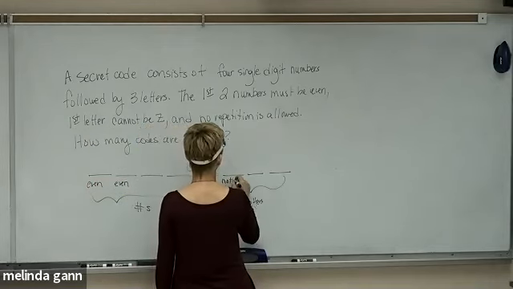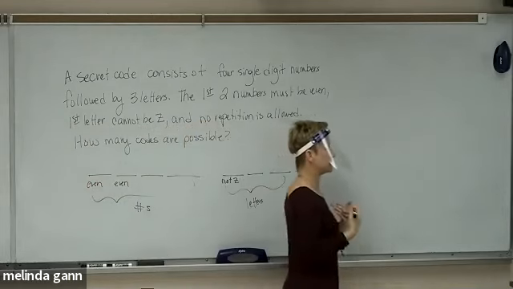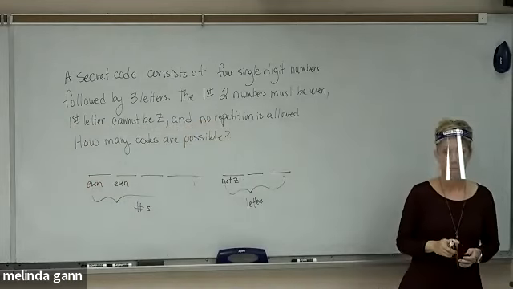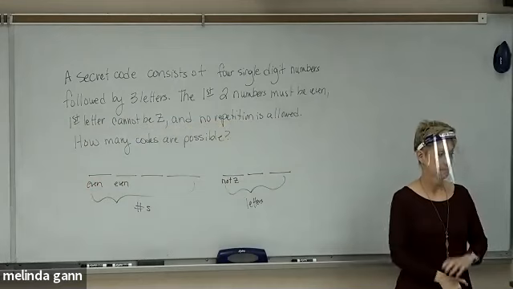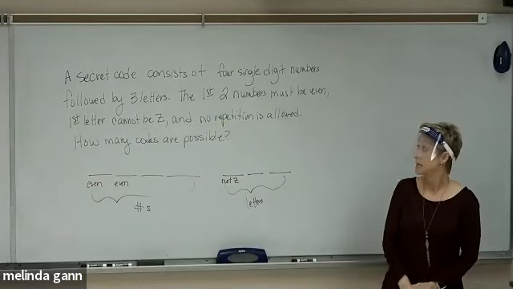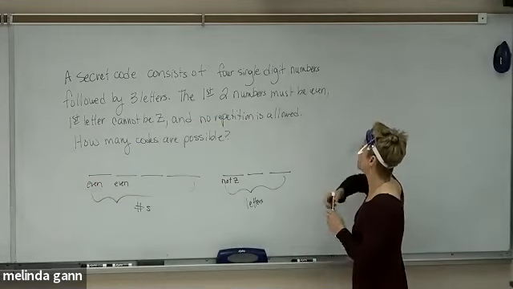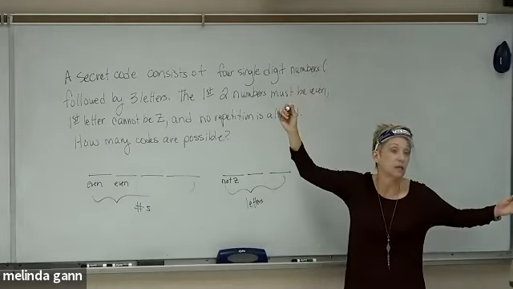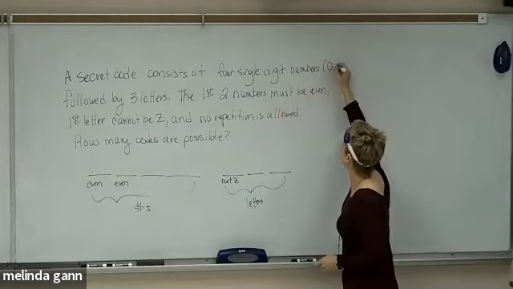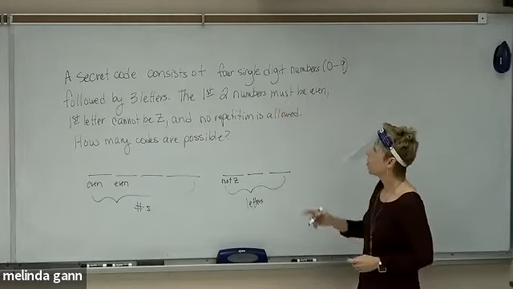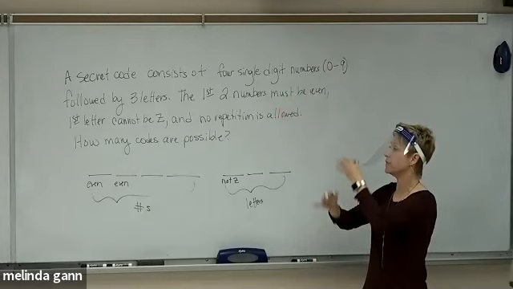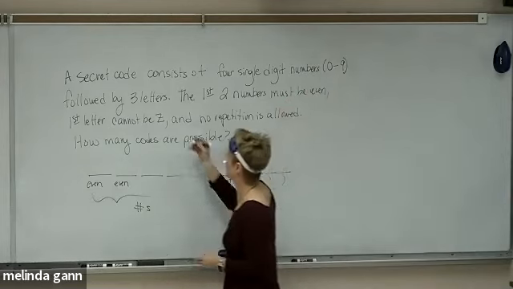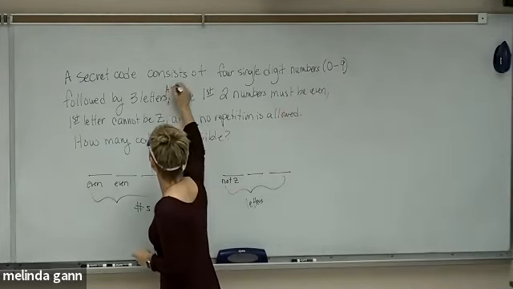It can't be Z. I mean, you don't have to do that, that's just me. And I can't repeat anything. Now, when it says single-digit numbers, what numbers am I talking about? 0 to 9. When I'm talking about letters of the alphabet, we're doing the English alphabet, so A to Z.